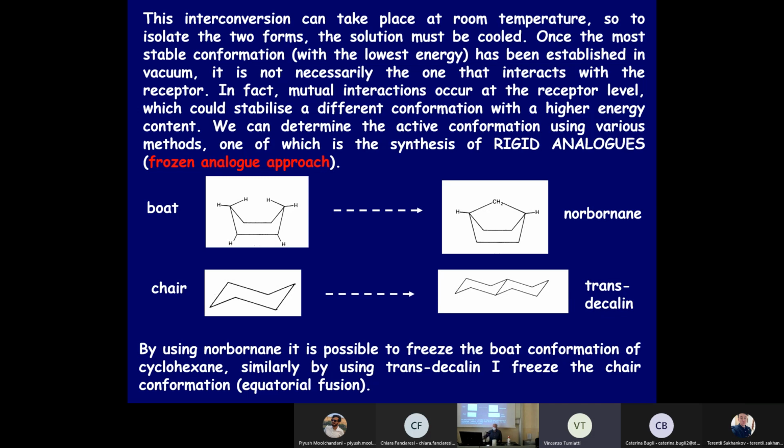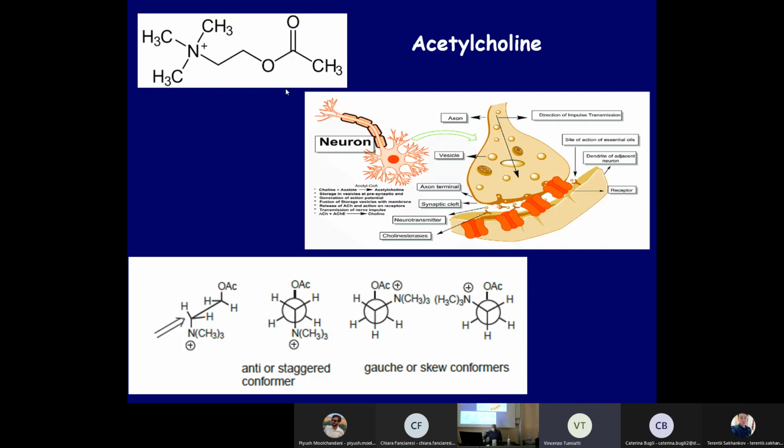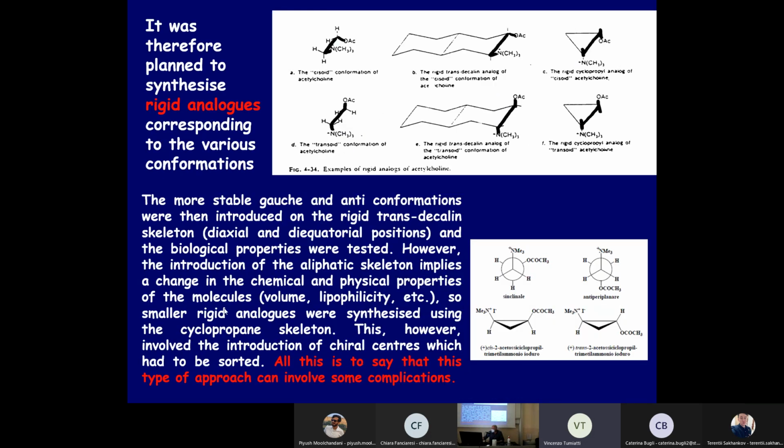So, here you can see the application in particular on the molecule of acetylcholine. You know the importance of acetylcholine. It is released inside the synaptic cleft, interacts with the postsynaptic neuron receptors, and so on. Okay. Here you can see the different conformations, but if you want to have an idea about the active conformation, we can apply the frozen analog approach.